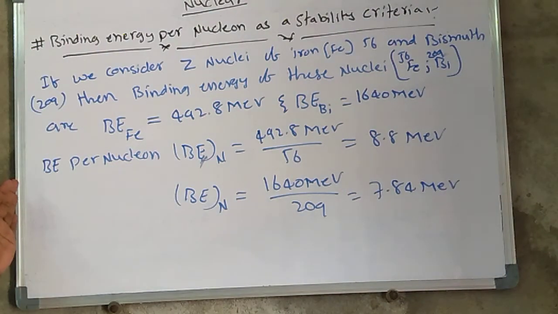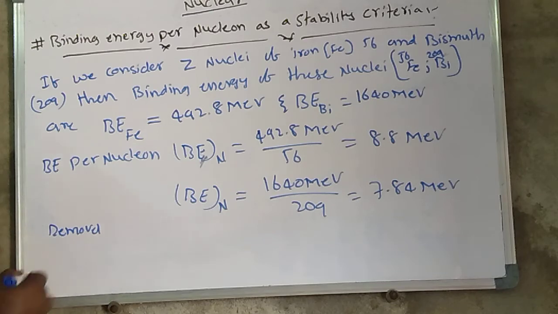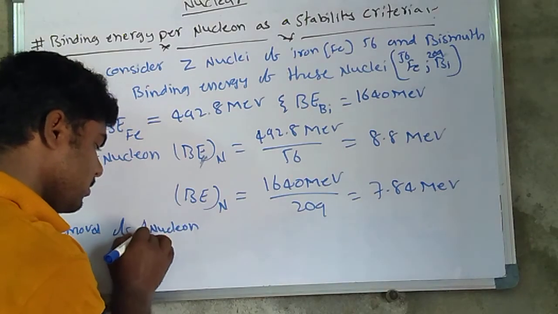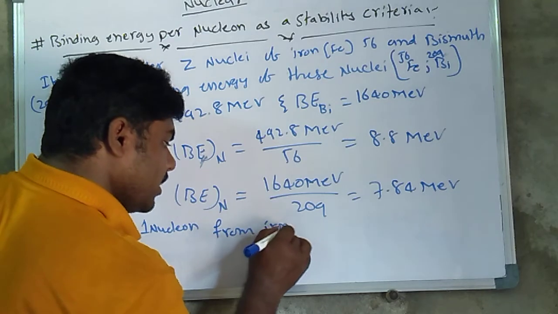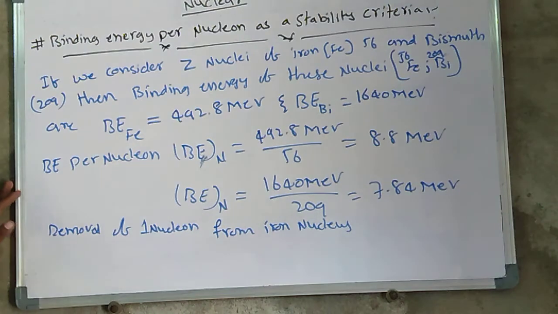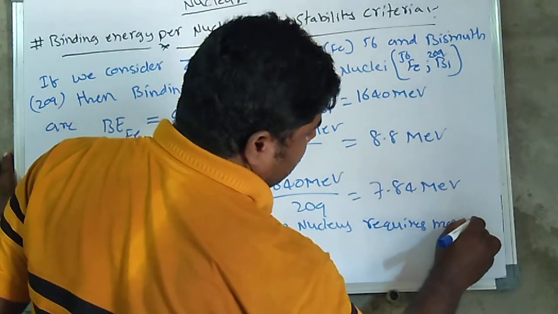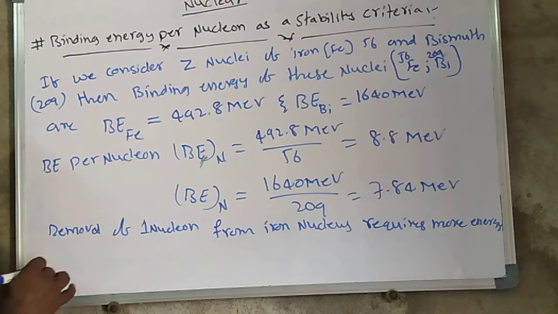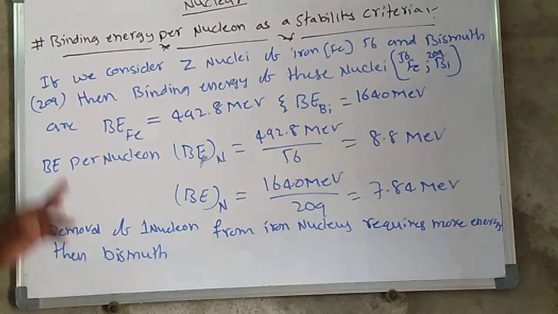So the removal of one nucleon from the iron nucleus requires more energy, because this energy, 8.8, is more than the bismuth energy of 7.84.